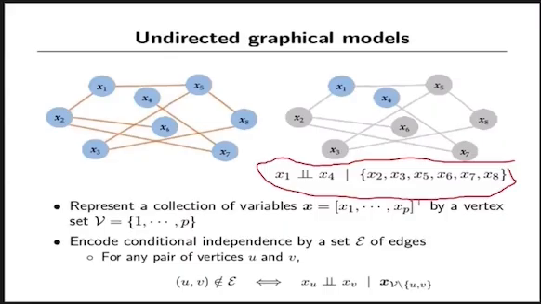We're saying they are conditionally independent given that we have observed the rest, which means x1 and x4 are not giving any statistical information about each other, provided we have observed the rest. And that's exactly what I'm talking about.